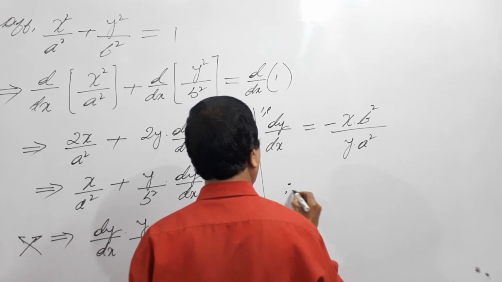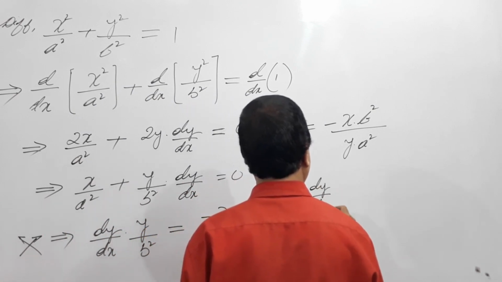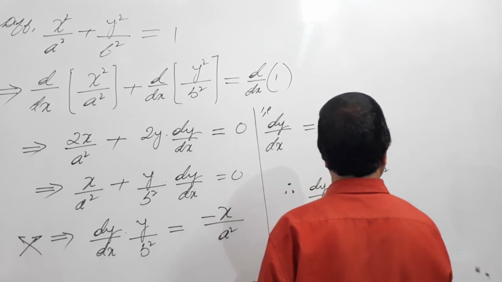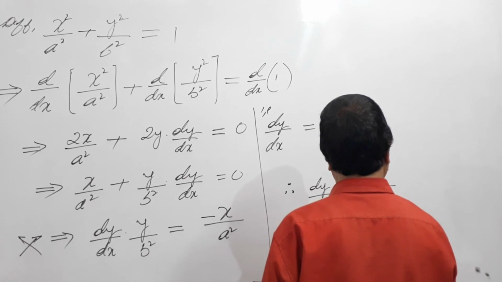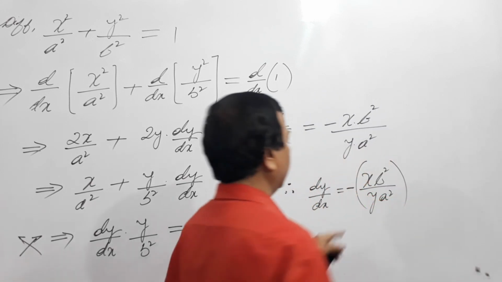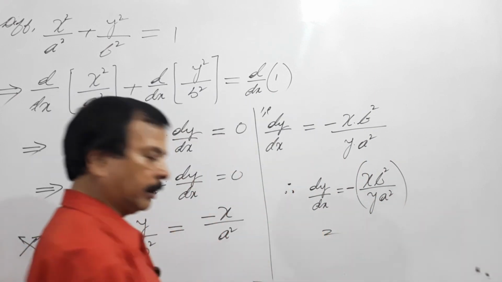Therefore, dy by dx equals to minus x b square by y a square. This is the required answer.